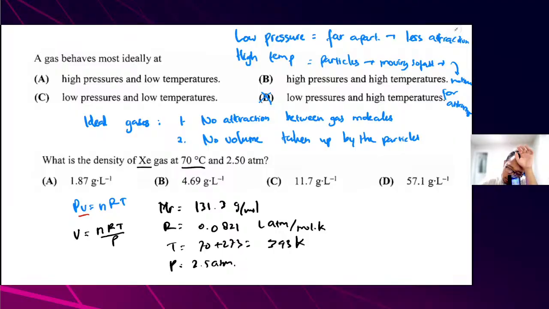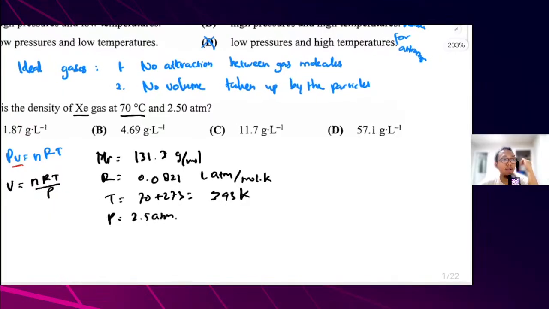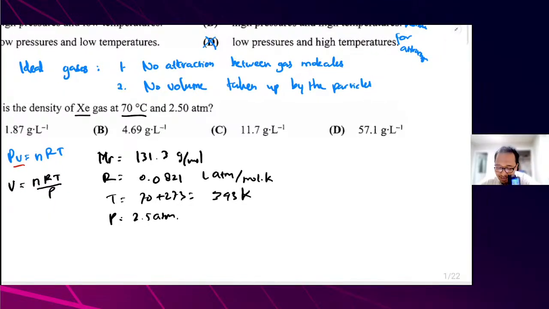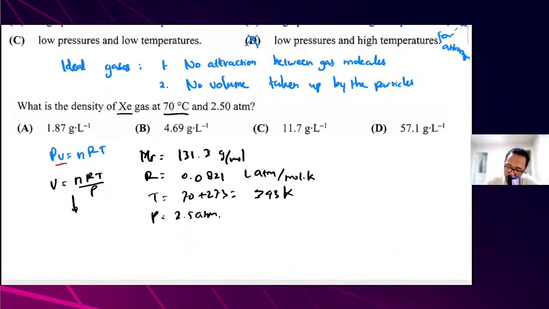So what we are going to do here is determine one by one. We can use another way to get the density. To get the density, we can use P times M over RT, where P is the pressure.